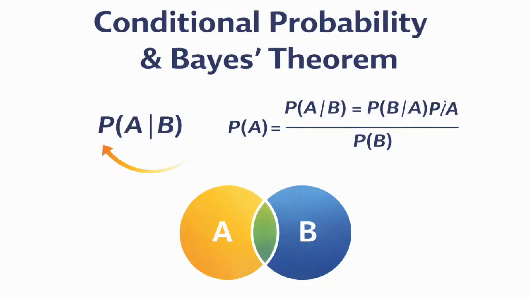This makes machine learning systems smarter and more adaptive. In simple terms, probability gives machine learning models the ability to think in terms of uncertainty, make informed decisions, and improve predictions based on data.